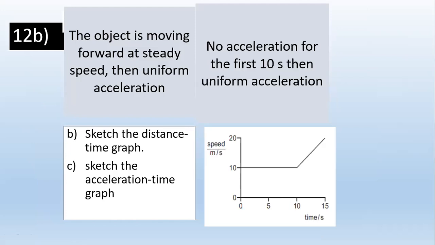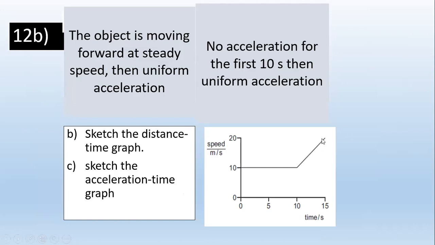Right? So you must always remember, object is moving with uniform velocity or steady speed. Steady speed, that's what is happening. Uniform speed, steady speed, and uniform acceleration. Or another way of saying it is no acceleration for the first 10 seconds.